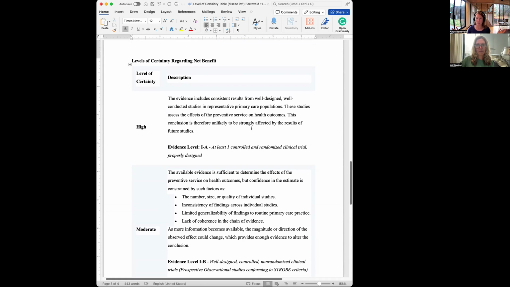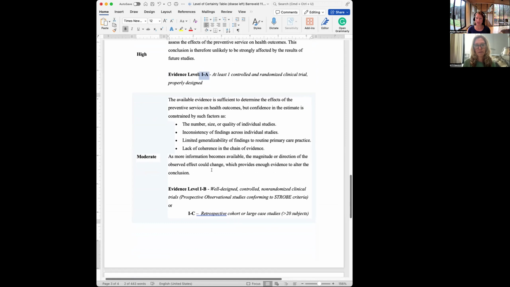High is pretty easy. It's also qualified by this term 1A. But for the purposes of you, if there is high evidence, we would like you to simply write high. Moderate, however, has two different subcategories. So moderate refers to there is available evidence that's sufficient to determine the effects of the topical analgesic on health outcomes.